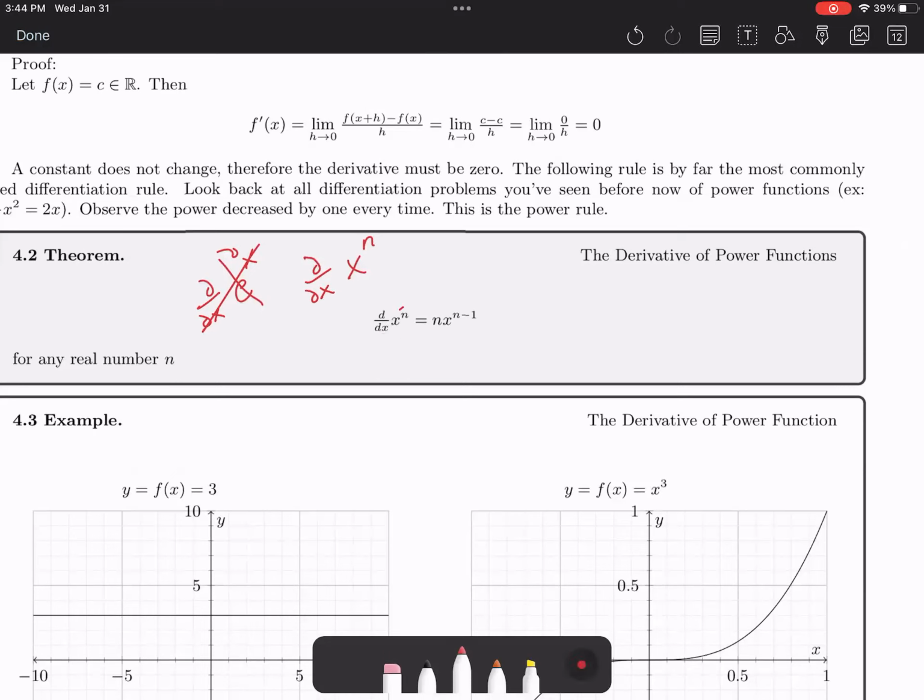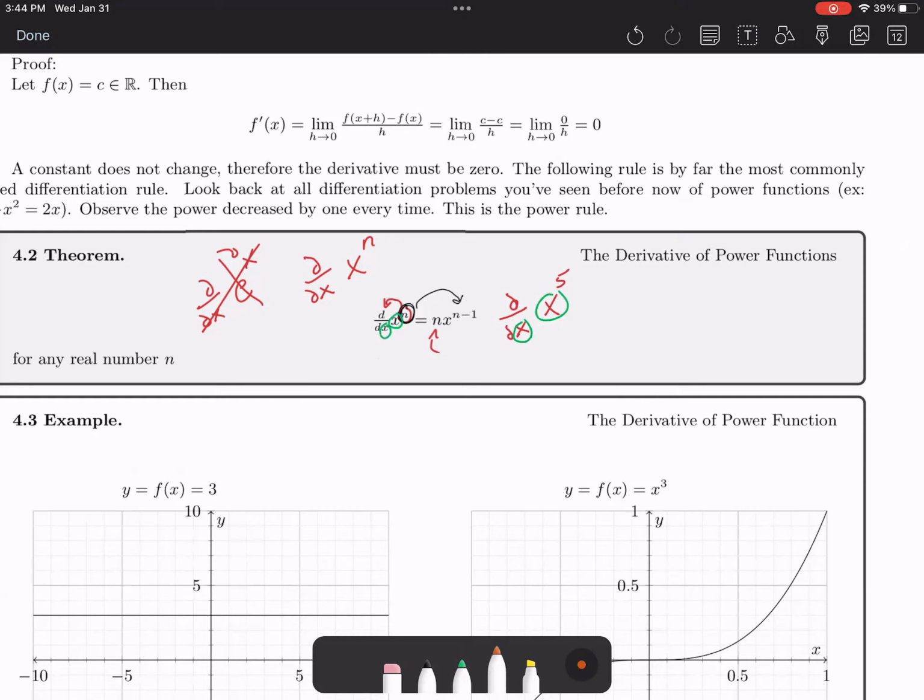The rule tells me that I can take this n value and I can put it out in front of the x value. That new power on x is now dropped by 1. So for instance, if we had x to the 5th, and we were differentiating with respect to x, notice I'm differentiating with respect to x, and I've got x raised to some power.